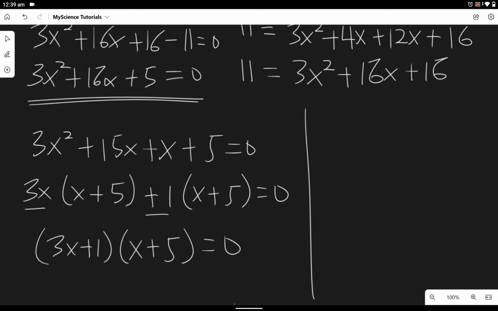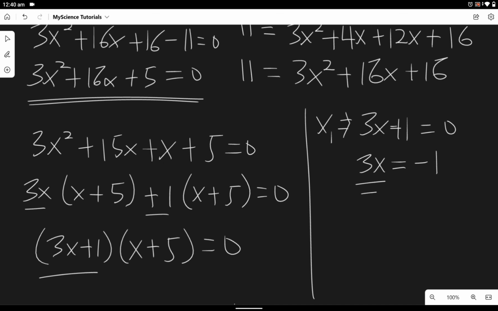So it means our first x value, which is going to be x1, will be equal to, we equate this guy to 0. So we have 3x plus 1 is equal to 0. This means that we have 3x is equal to negative 1. We divide both sides by 3, which means our x is equal to negative 1 over 3 as the first value of x.